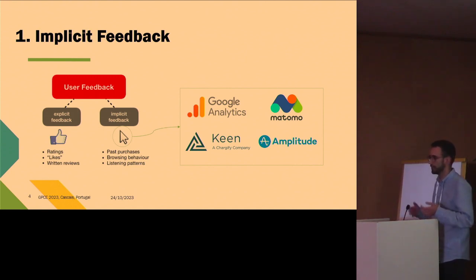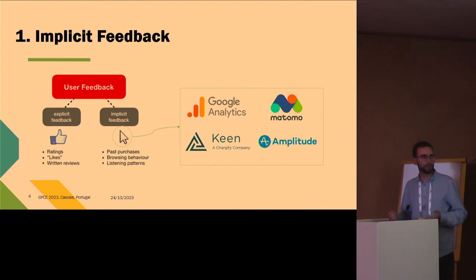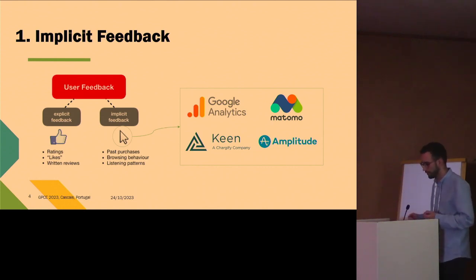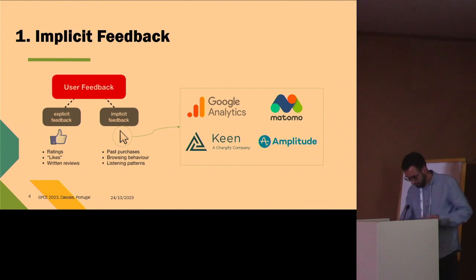Usage trackers are code libraries that send events to databases or logs, sending data about what the users are doing with your system. So this is what implicit feedback is and what the purpose of gathering it can benefit in traditional applications.